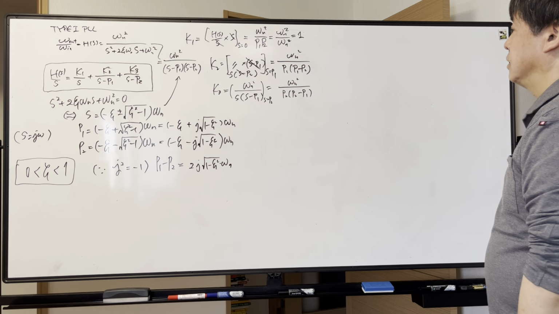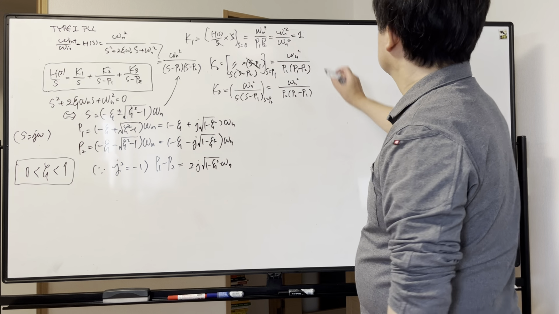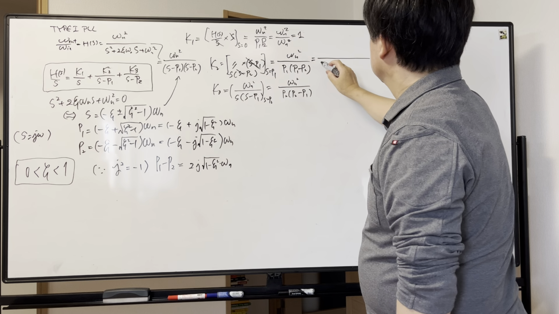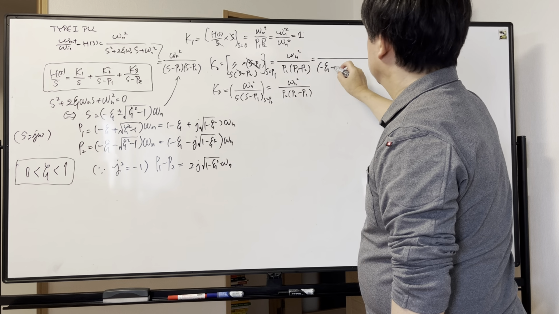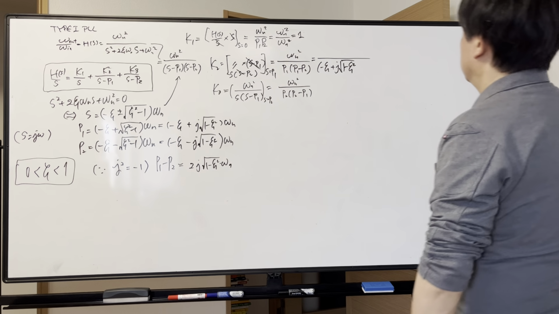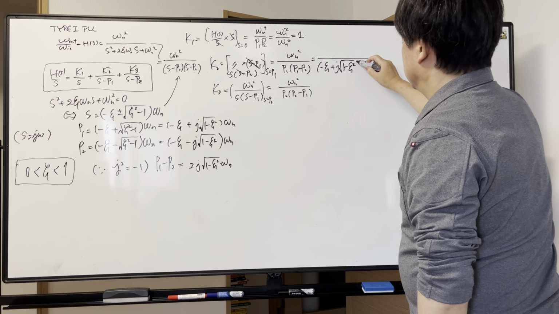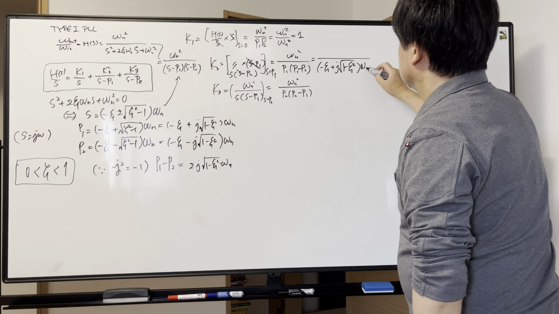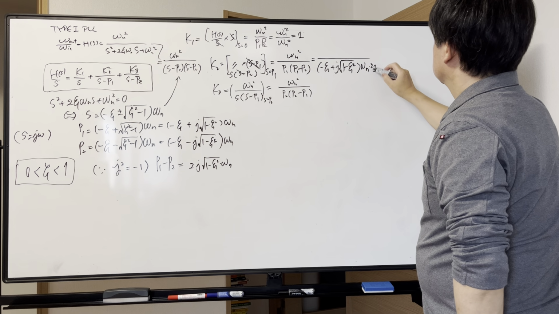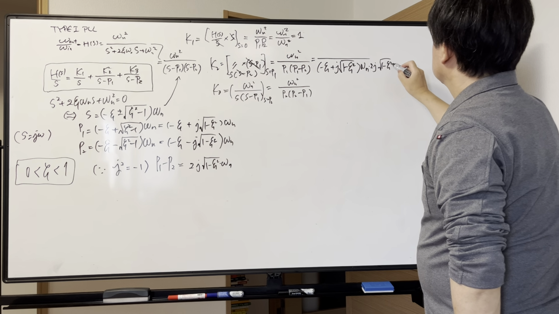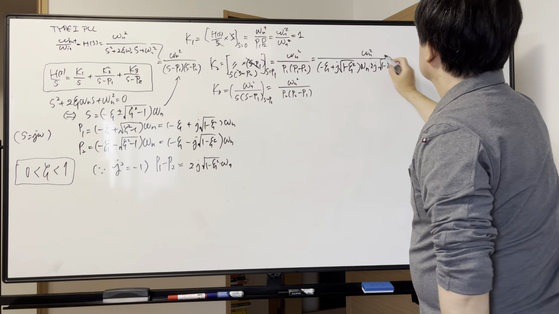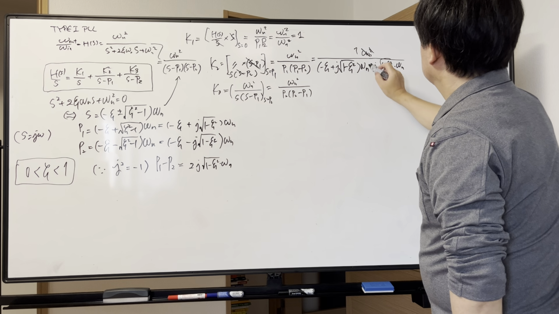So we have p1 with zeta plus j. Good, I'll concentrate on the calculation here, and these are cancelled out.